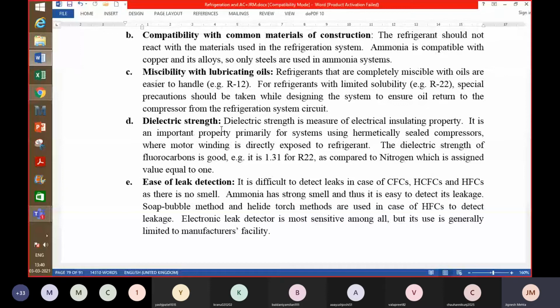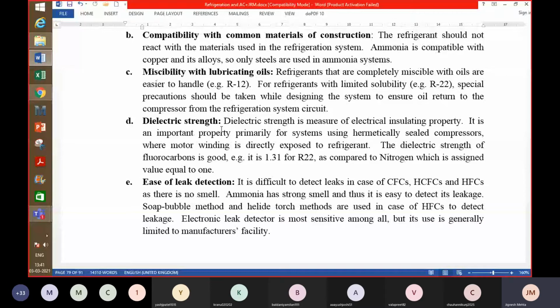Okay. Then ease of leak detection. It is difficult to detect leaks in the case of CFCs because there is no smell. HCFCs and HFCs also have no smell. Ammonia has a strong smell, and thus it is easy to detect its leakage. Of course, smell is not the only way of leak detection.